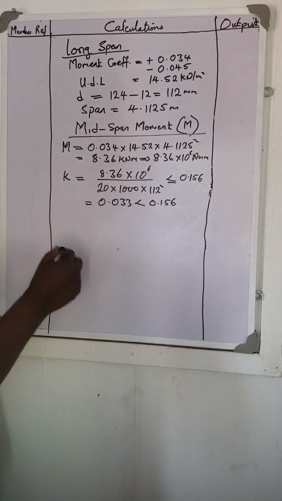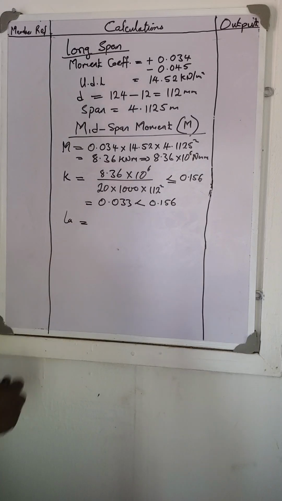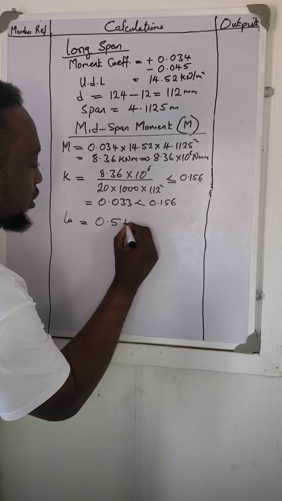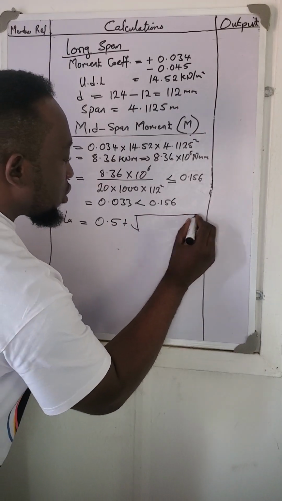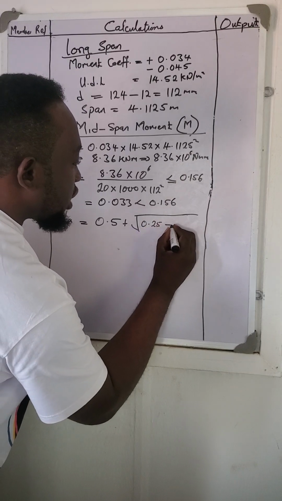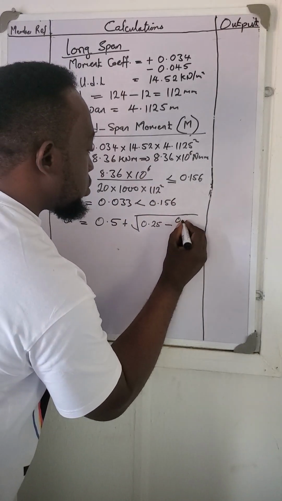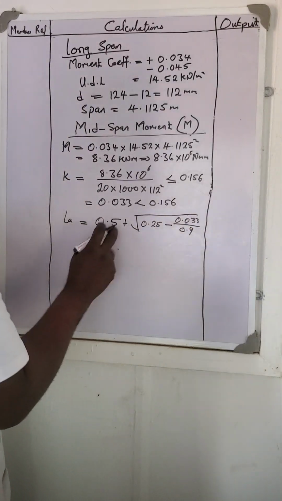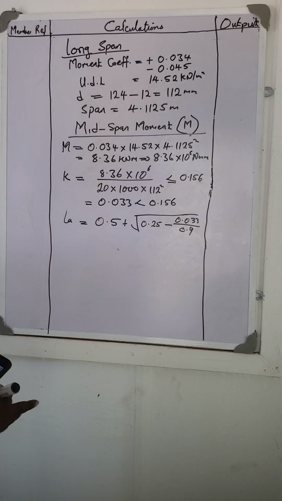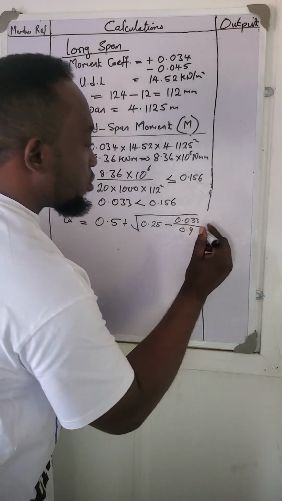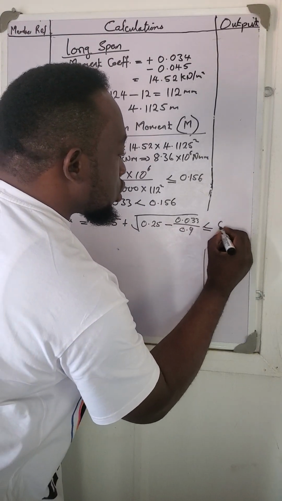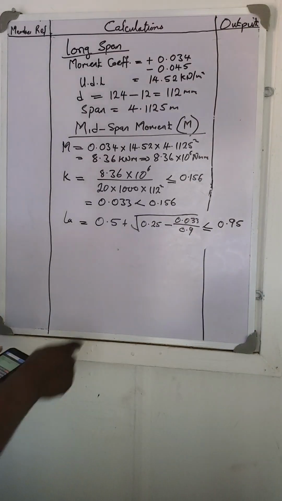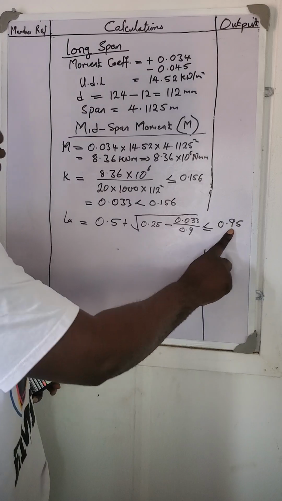Now we go to LA, the lever arm. LA is calculated as 0.5 plus the square root of 0.25 minus K, our K, 0.033, over 0.9. All these are constants. This must be less than or equal to 0.95. When you solve this and discover that it's greater than 0.95, you use 0.95.